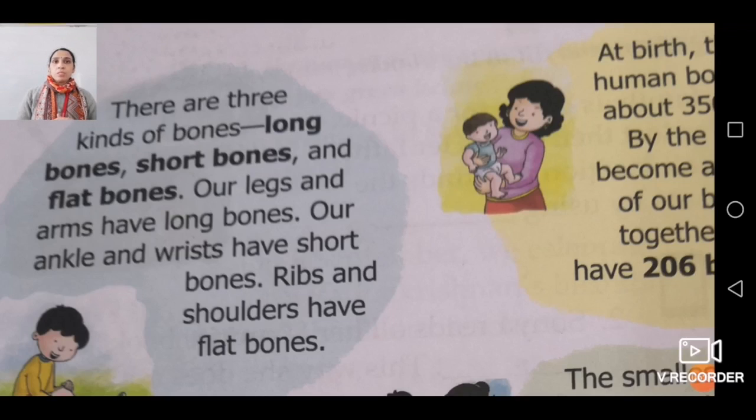And flat bones. Our legs and arms have long bones, our ankle and wrist have short bones. Now ribs and shoulder have flat bones. So that is very important. We'll continue from here.